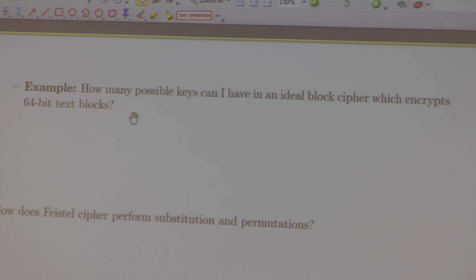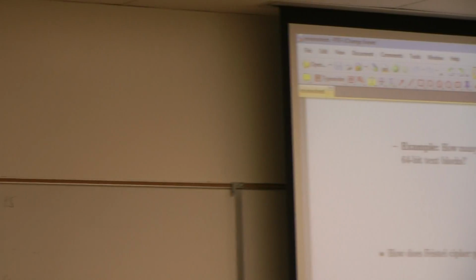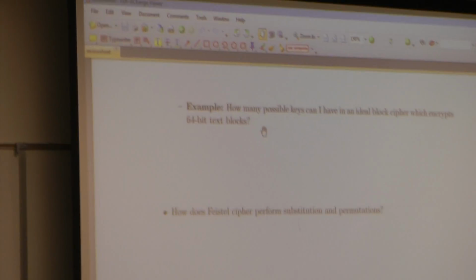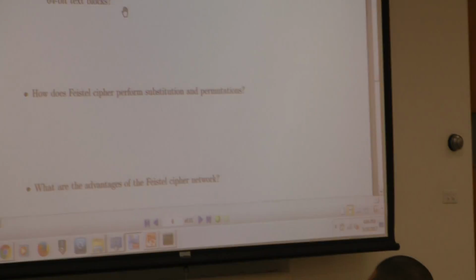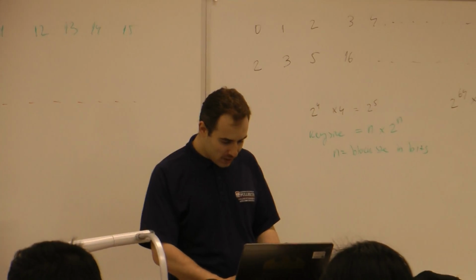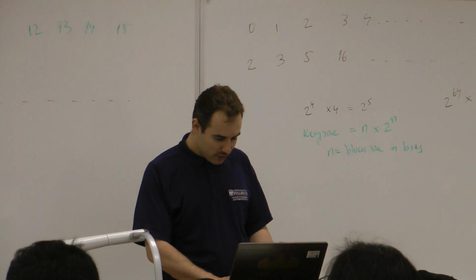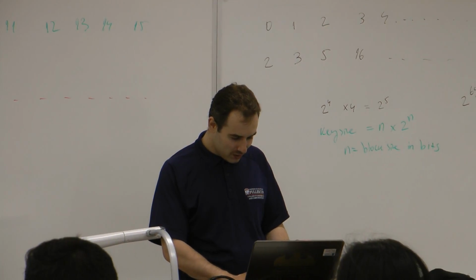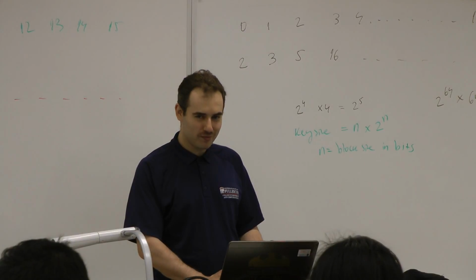And how many different mappings can I have in an ideal block cipher that encrypts 64 bits at a time? 2 to the 64 factorial, exactly. Make sense? So those are important concepts, and I heard Kat likes them very much.